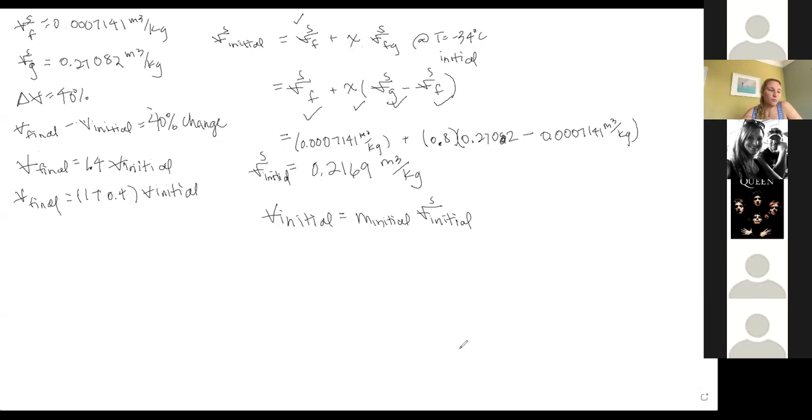And our initial mass, we're told, is 100 grams.